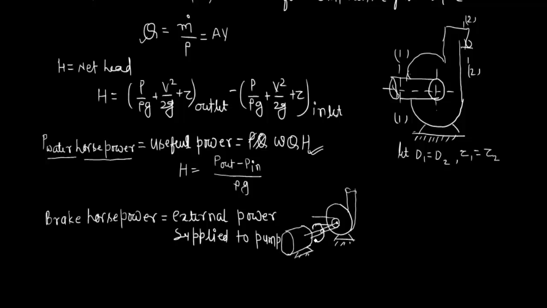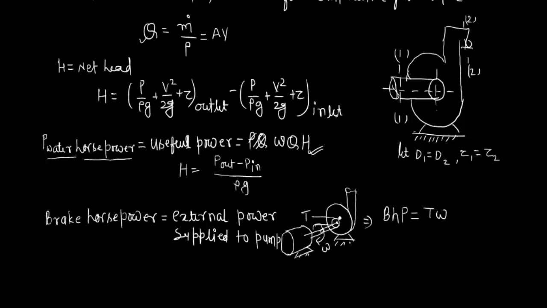Let's say this shaft has some angular velocity omega, and it is applying some torque T. So we can say that the brake horsepower equals torque times omega. Okay, this is the brake horsepower.